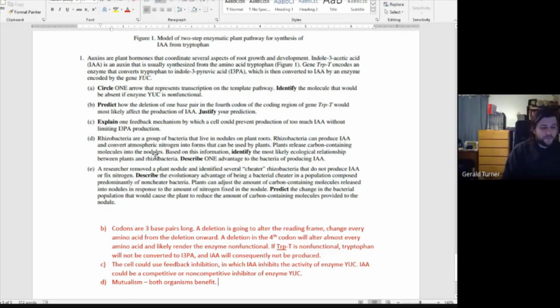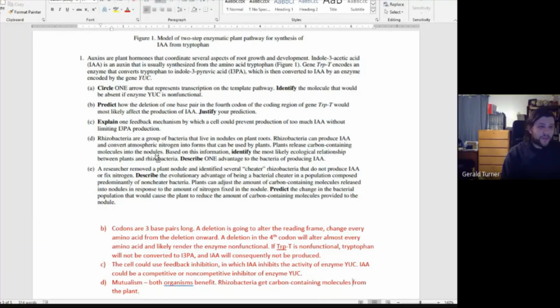So the rhizobacteria are going to get carbon-containing molecules from the plant. And carbon-containing molecules, that's basically food.